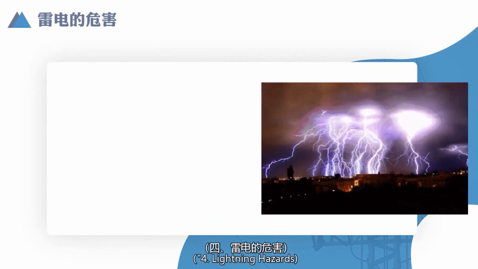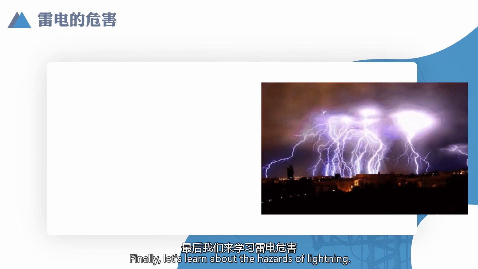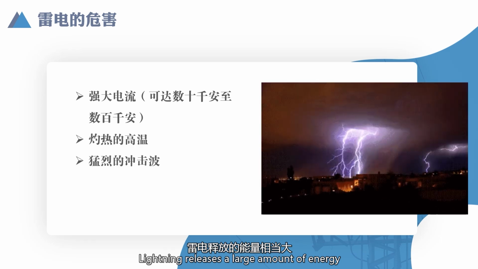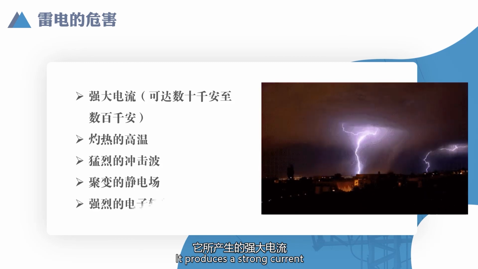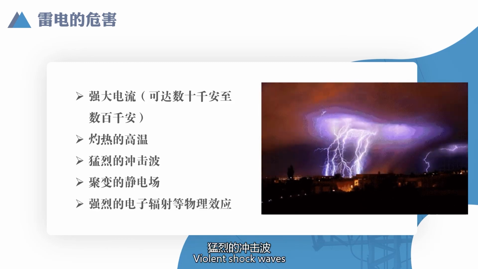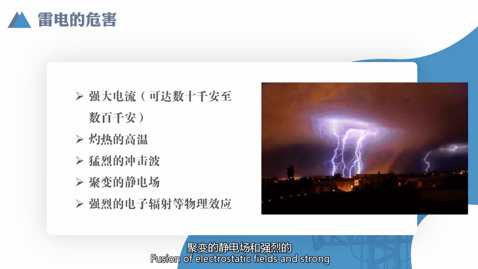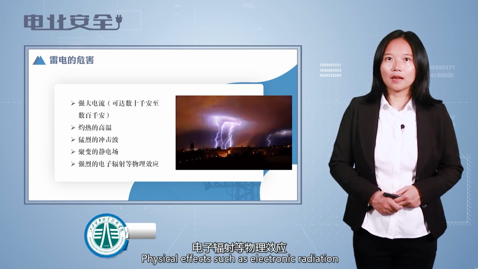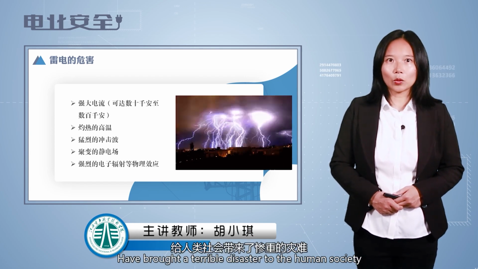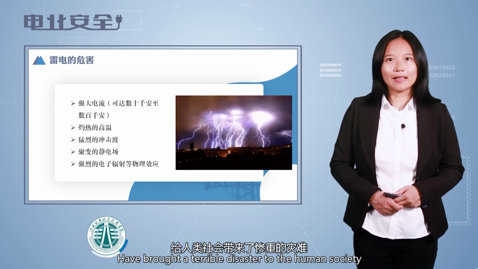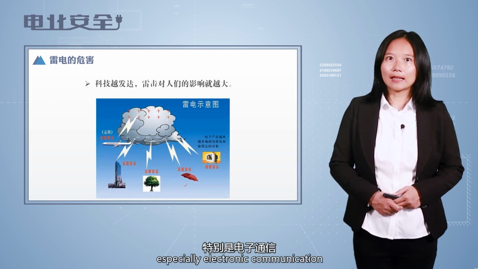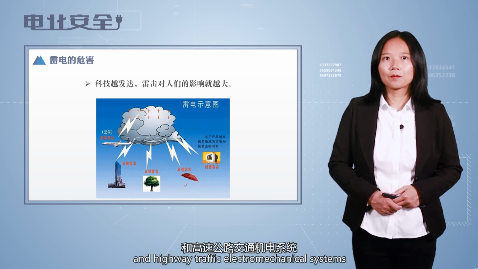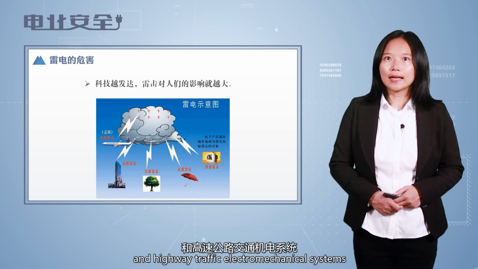Fourth, lightning hazards. Finally, let's learn about the hazards of lightning. Lightning releases a large amount of energy. It produces strong current, scorching heat, violent shock waves, electrostatic fields, and electromagnetic radiation, strong physical effects that have brought terrible disasters to human society, especially to electronic communication, microelectronic equipment, and highway traffic electromechanical systems.